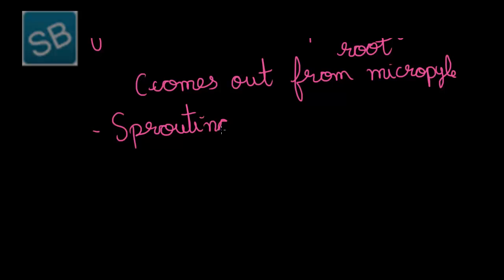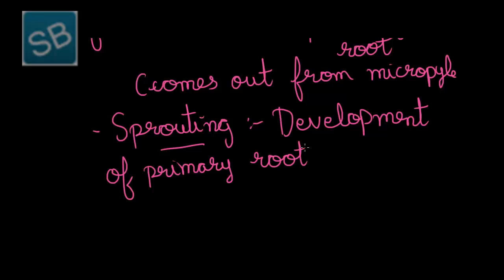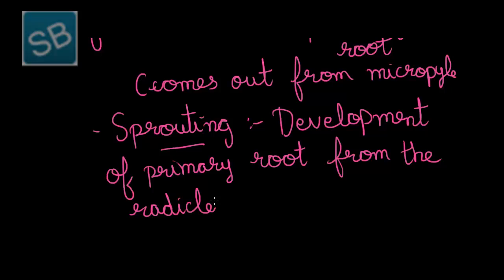Thus, sprouting can be defined as the development of the primary root from the radicle that comes out from the micropyle.